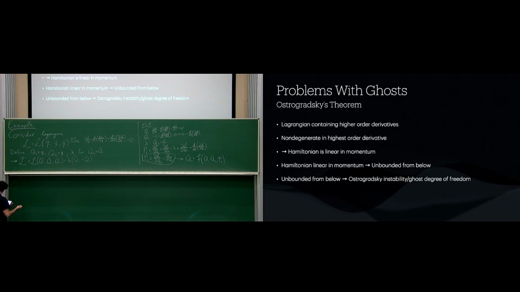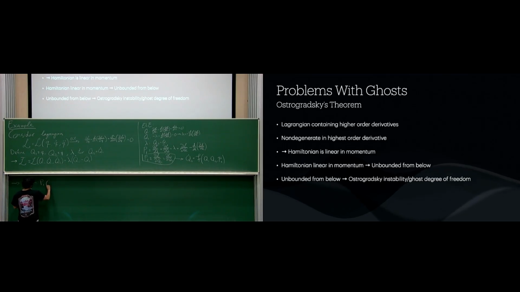Now, basically, we can define our Hamiltonian. The Hamiltonian will, of course, be P1 Q1 dot plus P2 Q2 dot minus this L bar.